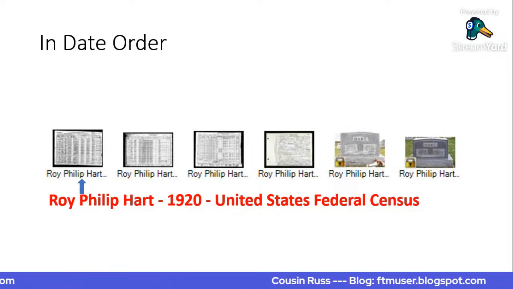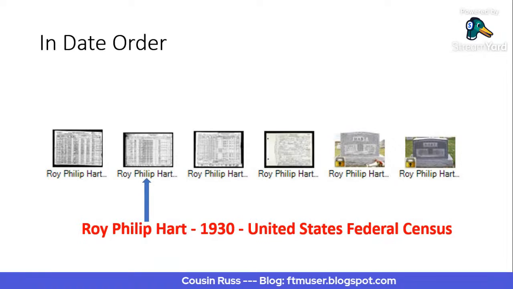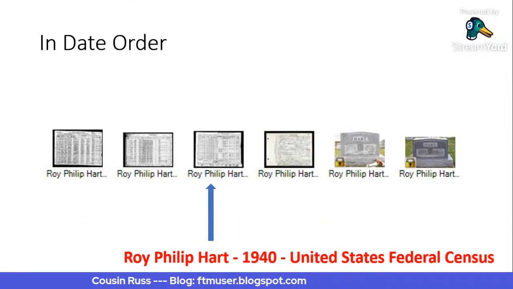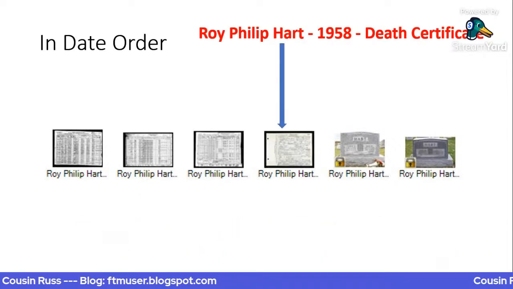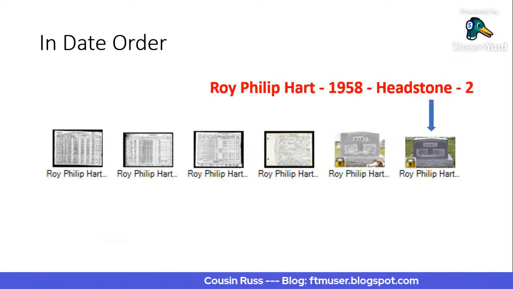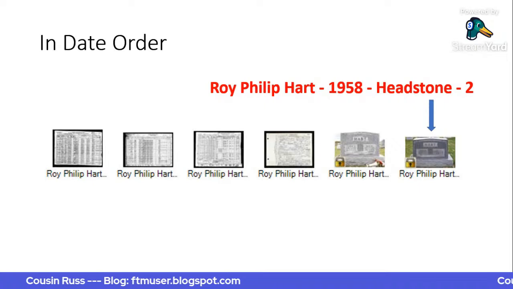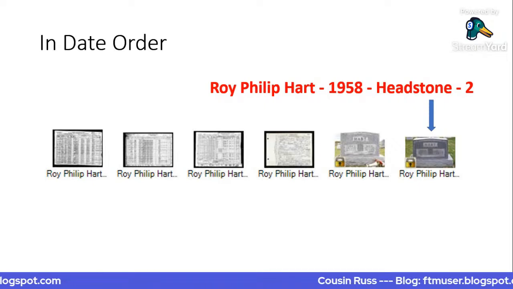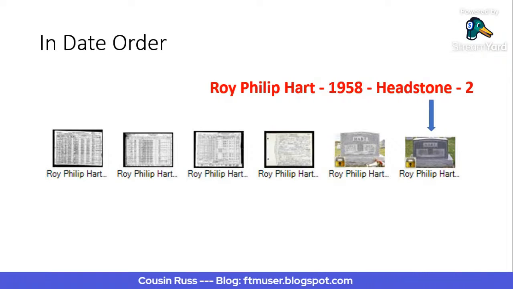So that's the 1920 census, the 1930 census, the 1940 census, a death certificate from 1958, and a headstone, and there were 2 headstones. So by using the caption, I can sort it not only by group by name, but in the order that I would like them to show up.